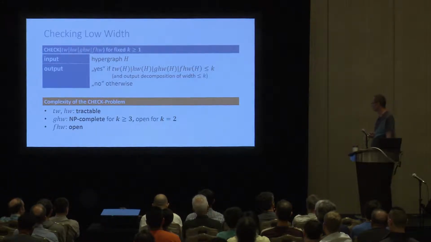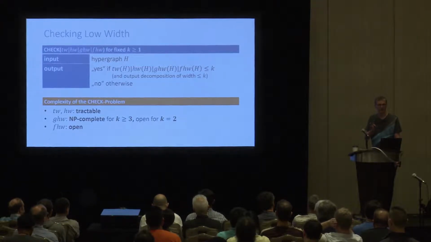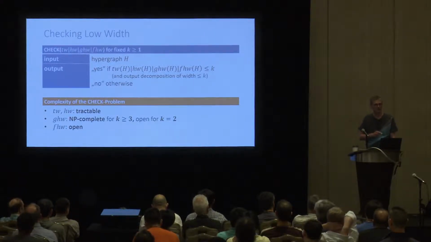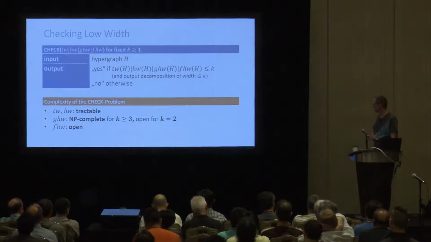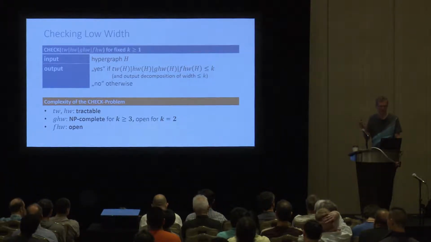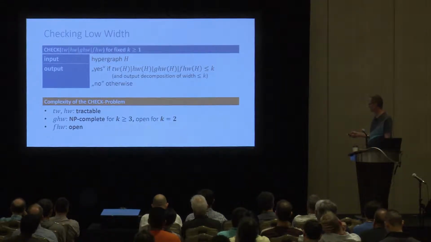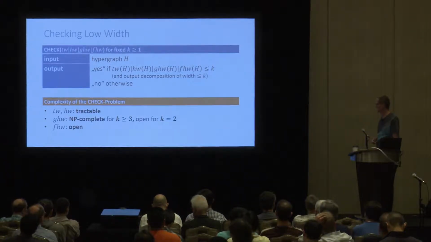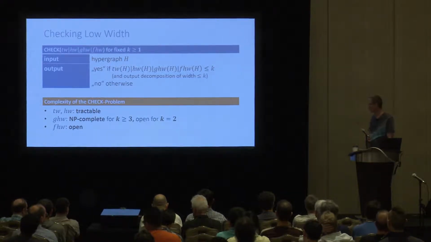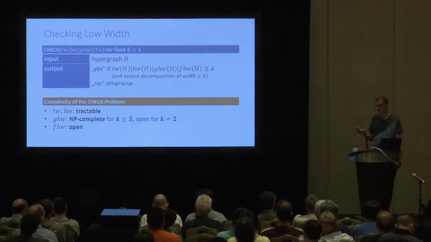It looks like a small special case, but recent studies of several benchmarks and query logs of conjunctive queries have shown that generalized hypertree width 2 is actually a quite frequently occurring case, so it's not an unimportant special case. And finally, for fractional hypertree width, the complexity has been mentioned as an open problem in the SODA 2006 paper by Grohe and Marx, and it has been open since.